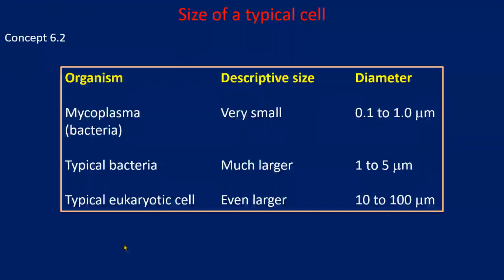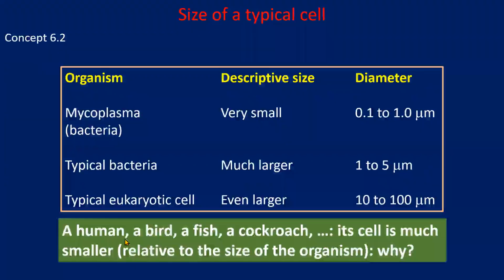So if you consider that, let's just consider a human being, a bird, a fish, and in this particular case you think about the cell. The cell of each organism is much smaller than the relative size of the organism.